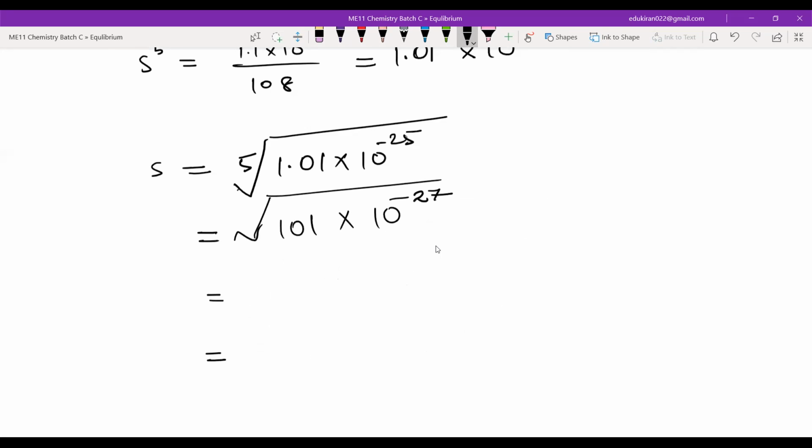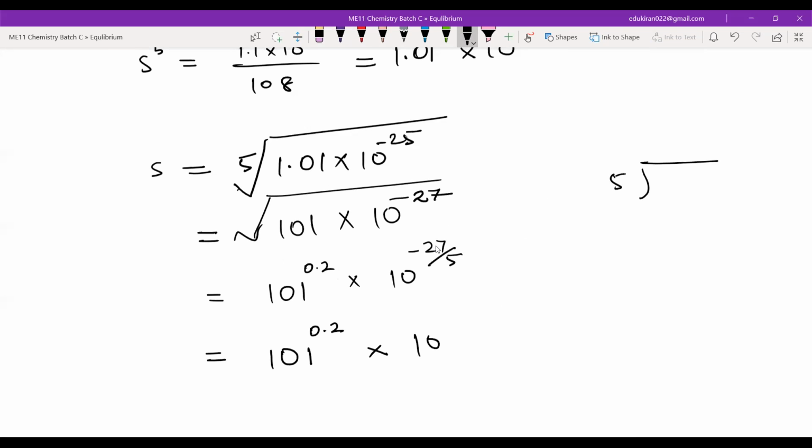27. This will be equal to 101 to the power 0.2 into 10 to the power minus 27 divided by 5. So 27 minus 25, we have here 2.0.